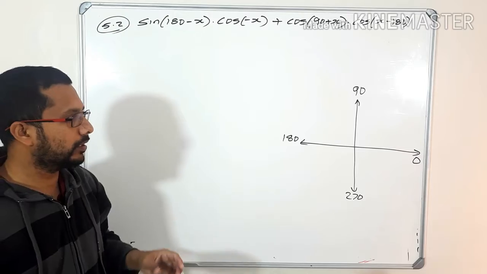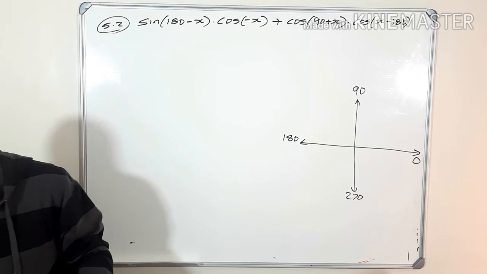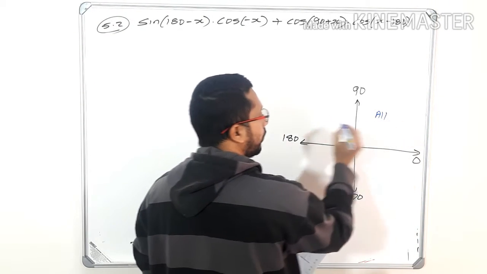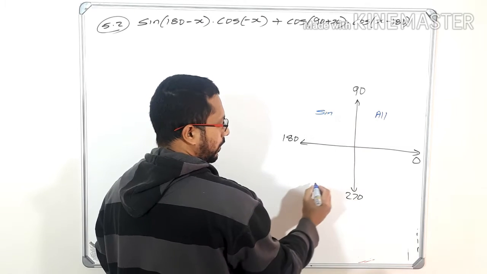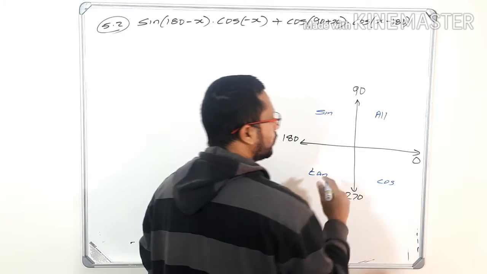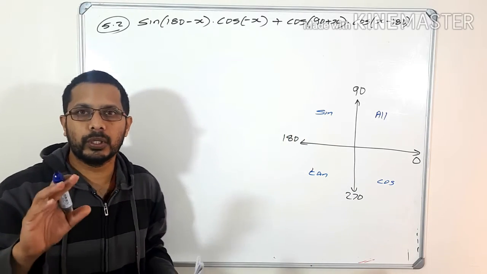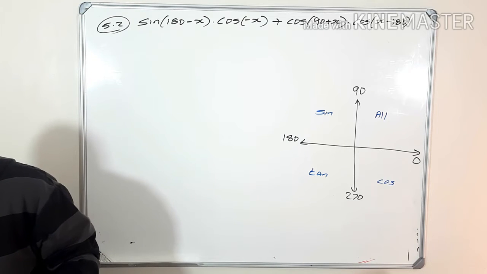Before I start, what is positive in the first quadrant? You know that one. All the trigonometric ratios are positive: sine, tan and cos. The other ones, 180 minus theta and 180 plus theta, I am not going to write. I hope you studied that in your school. Okay, now listen here.